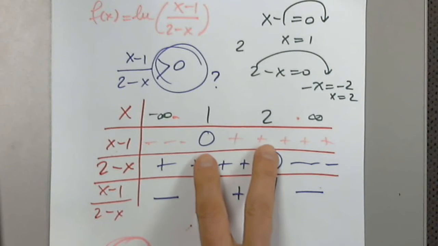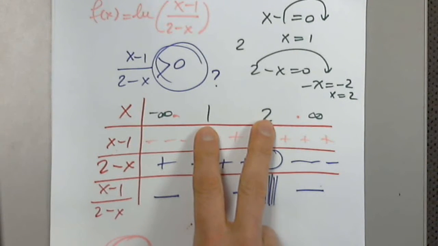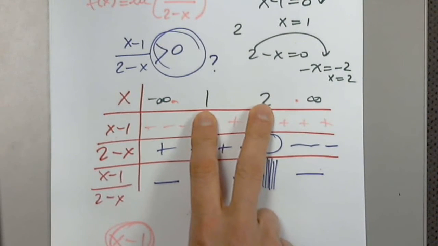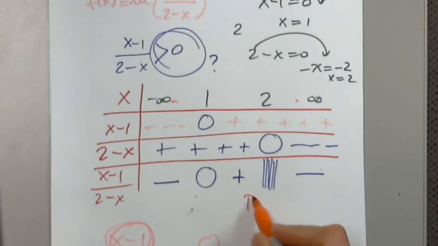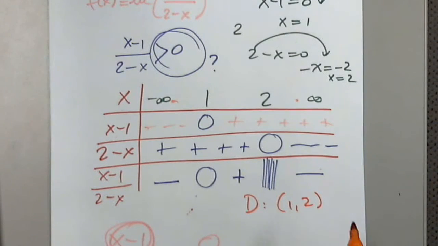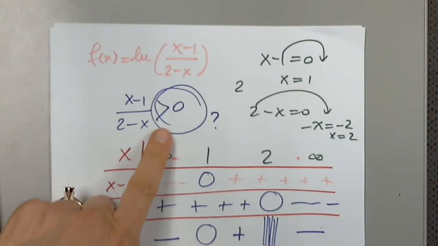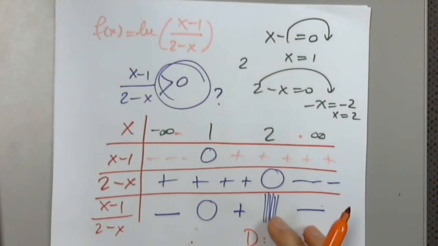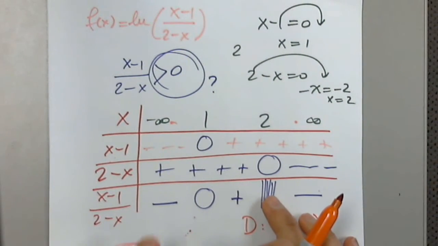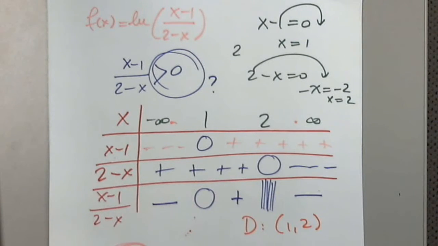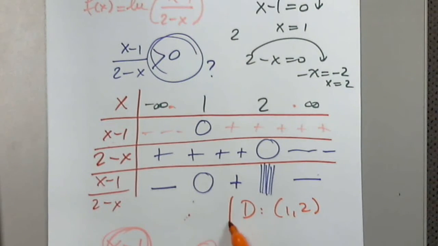Yes, infinitely many times. Between 1 and 2 there are infinitely many numbers. So indeed, the domain of this function is (1, 2). I cannot choose 1 because it's not the equal symbol. I definitely cannot choose 2 because it's undefined. Very good. Good pick.